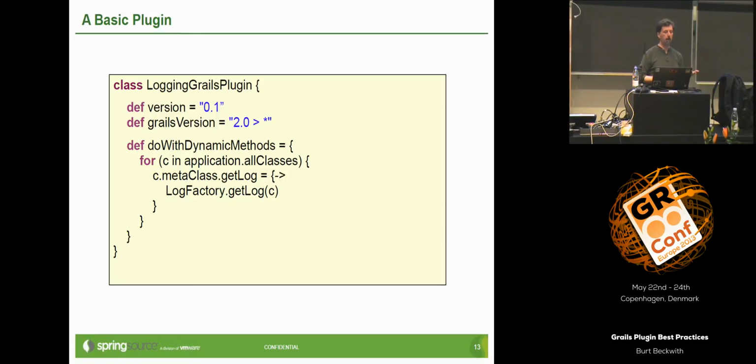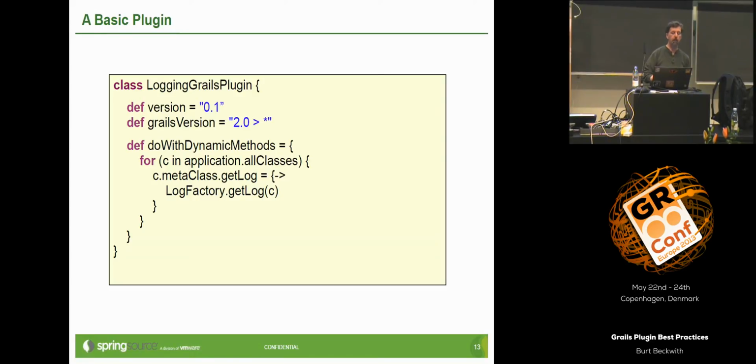And it would add in a metaclass method to get the logger. So you always had inside your controllers, services, domain classes, and tag libs a log field. You can always say log.debug, log.error. You don't have to wire that up into log4j or SLF4J or anything like that. Of course, now that's all done inside of the AST and it's in the bytecode.